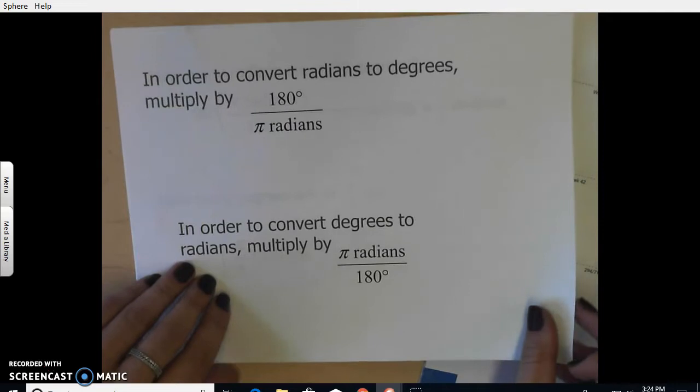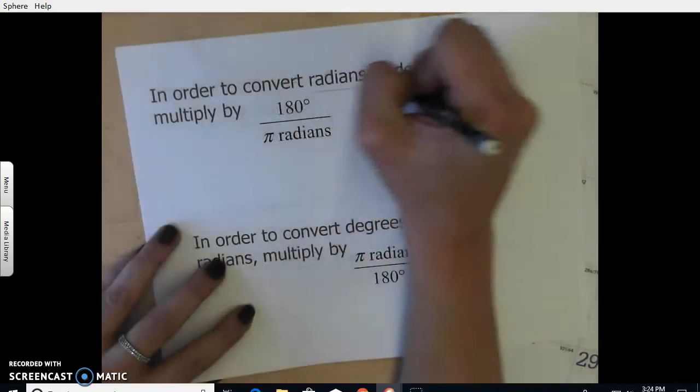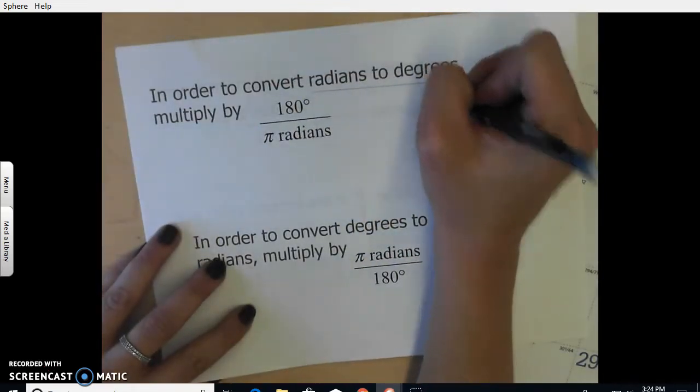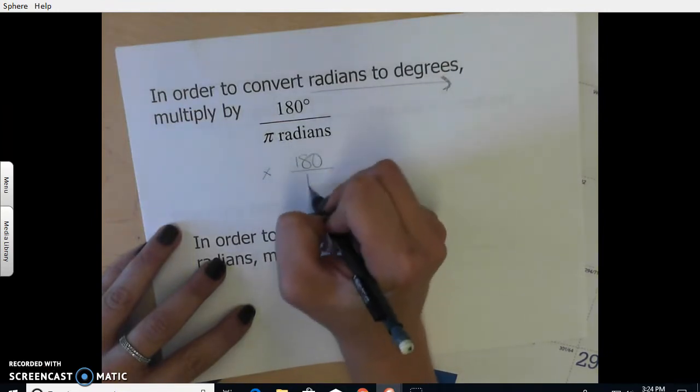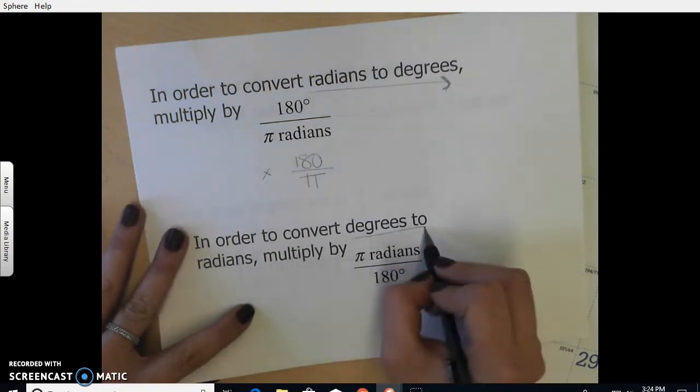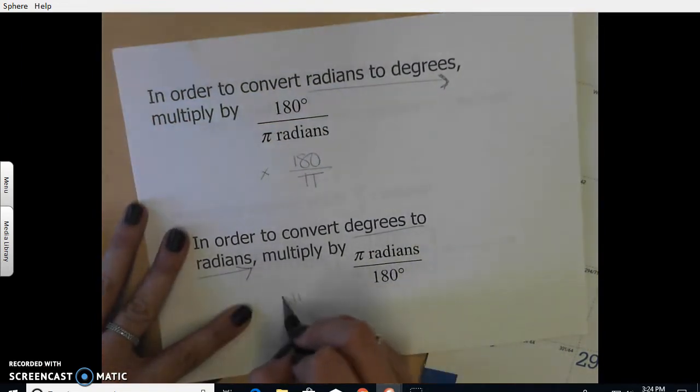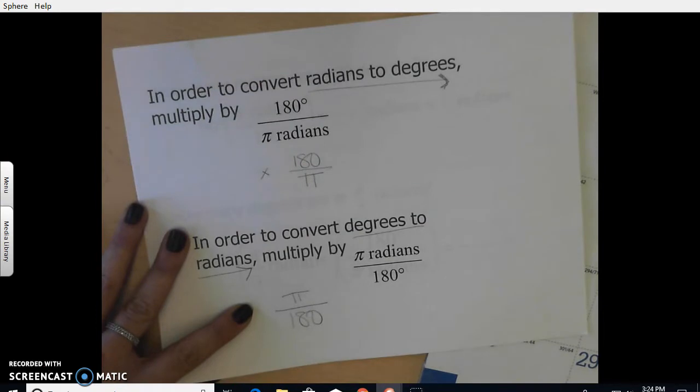We're going to do a few examples, but just remember, radians to degrees, we multiply by 180 over pi. Degrees to radians, pi over 180.